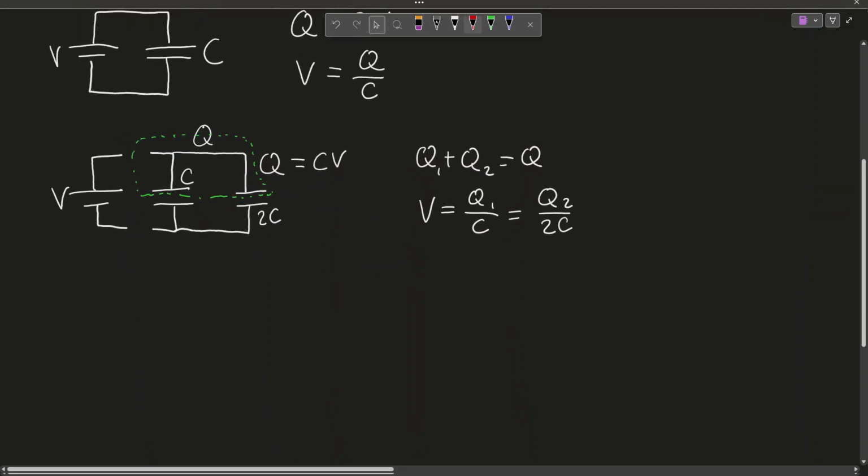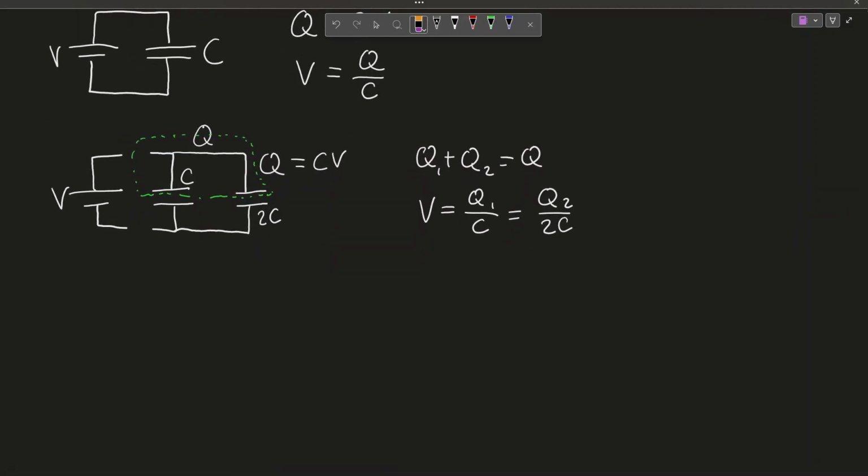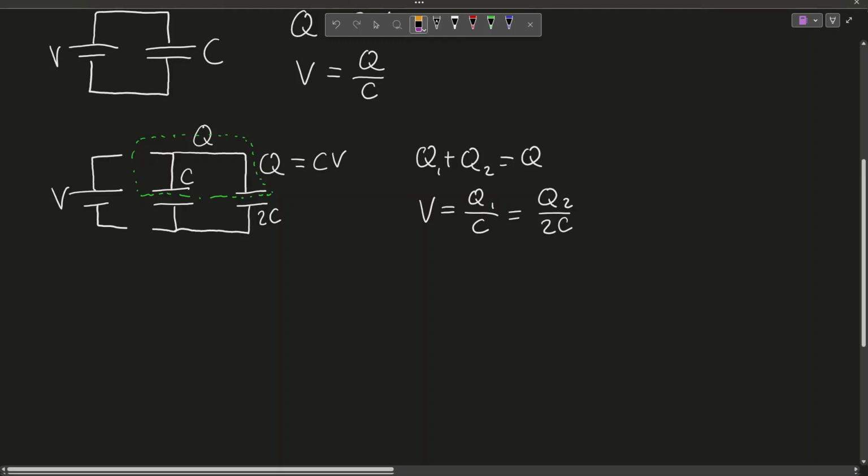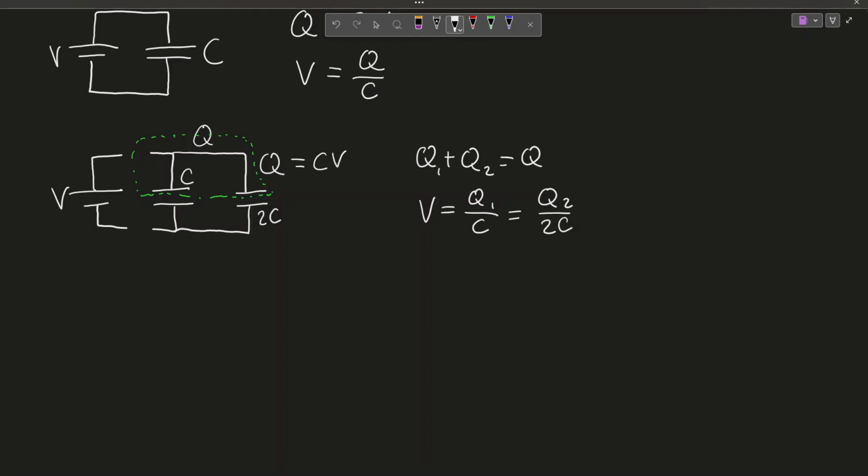Since we don't actually know V right now, don't get tricked, I'm kind of mixing up letters here, but this V is no longer our original V from the circuit.